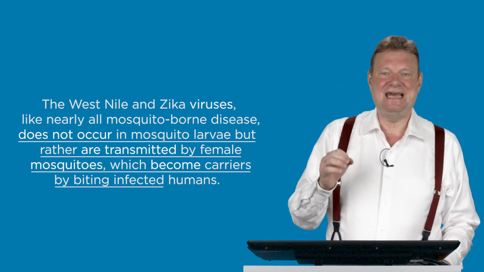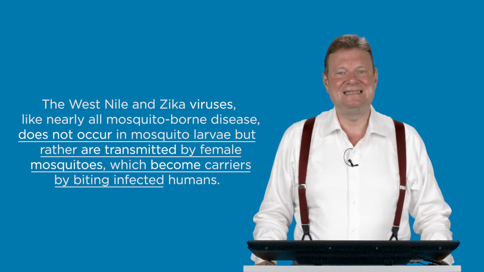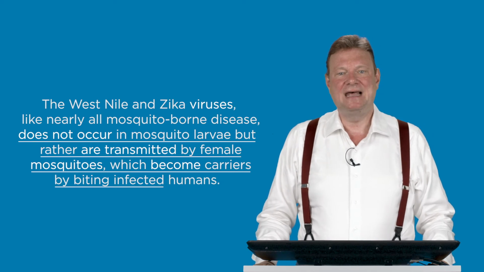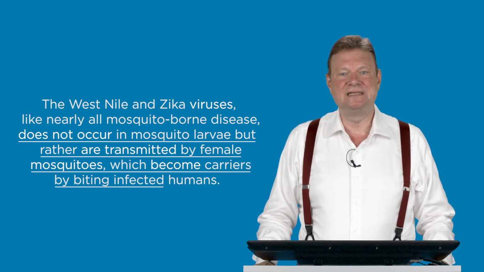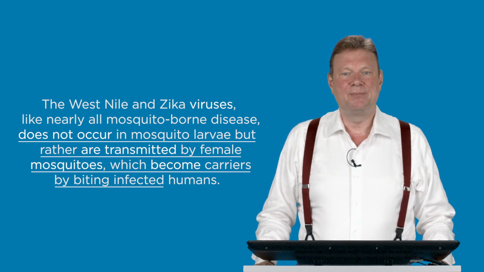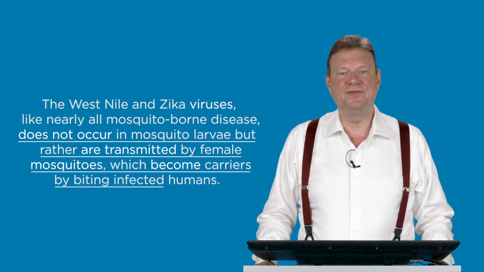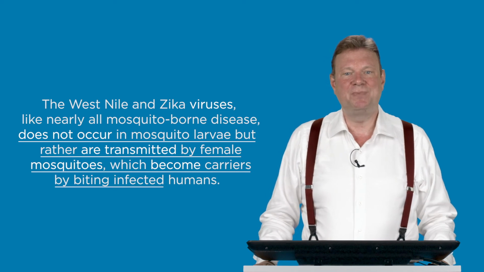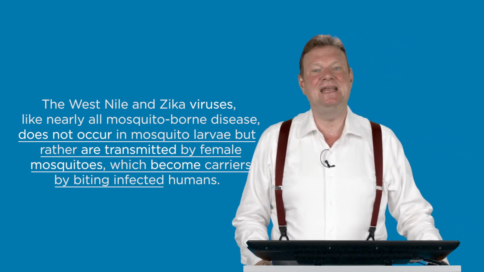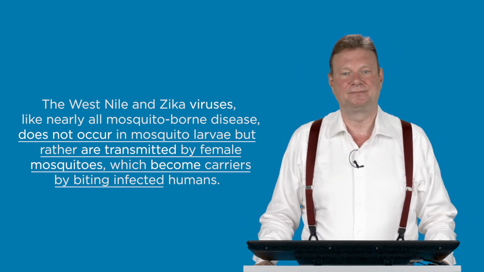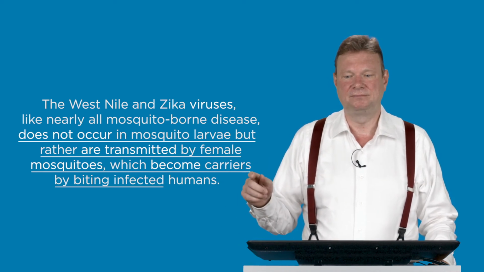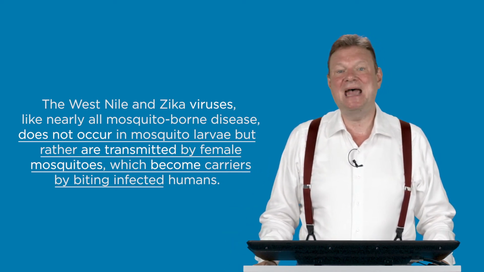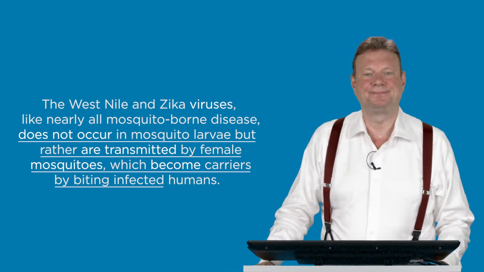Our sentence says, the West Nile and Zika viruses, like nearly all mosquito-borne disease, does not occur in mosquito larvae, but rather are transmitted by female mosquitoes which become carriers by biting infected humans. Again, let's begin by identifying any verbs.